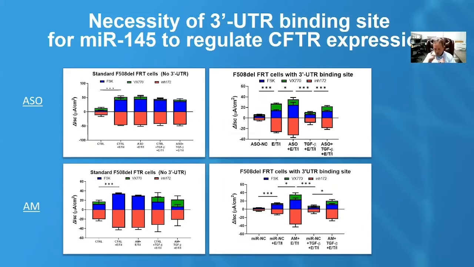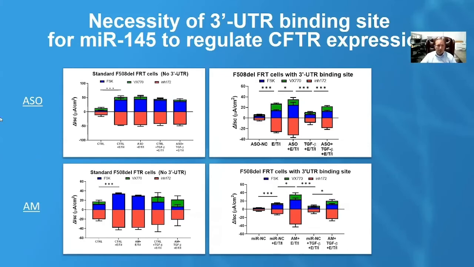And so we addressed this by utilizing FRT cells, which are commonly used for CFTR efficacy and functional assays, but they have the F508del CFTR as just a cDNA without a 3' UTR binding site. That can help us understand how important that 3' UTR binding site is to the TGF-beta and miR-145 inhibition activity that we're seeing.